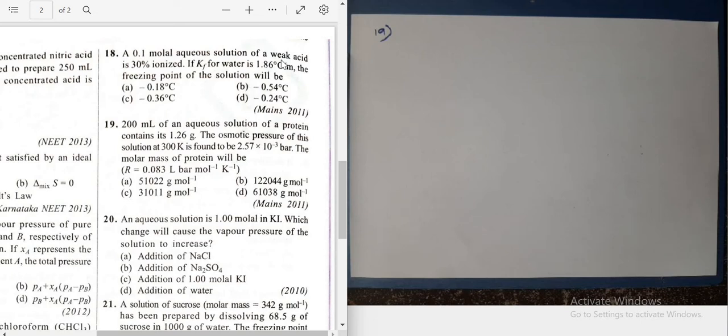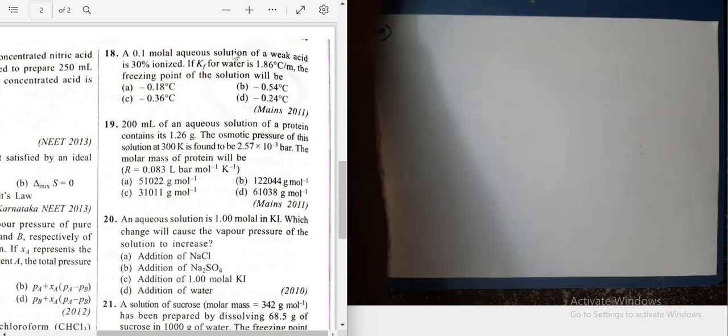The molar mass of the protein will be, they are asking molar mass. Osmotic pressure is given. I read the question again. Question number 19. 200 ml of an aqueous solution of protein contains 1.26 gram of it. So 1.26 gram of protein is there.